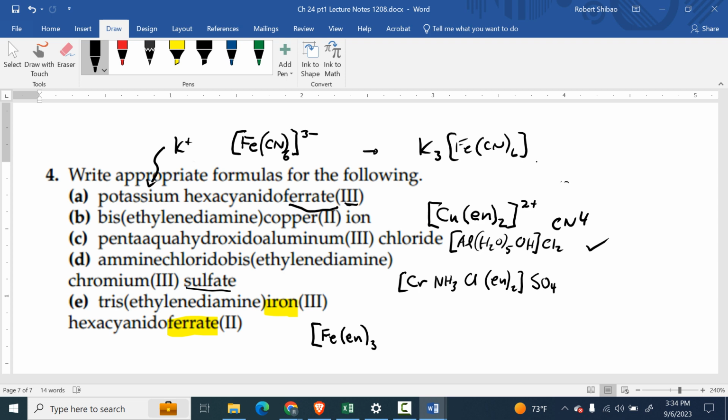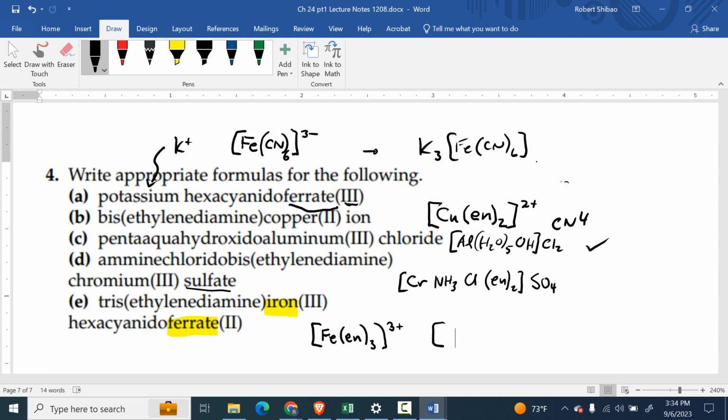It's also 6. Each ethylene diamine is bidentate, so it's 2 times 3 is 6. What's the charge on this complex? The charge is +3. Ethylene diamines are neutral. So I'll just write it here. This is a 3+ cation because I don't know how to balance these just yet.